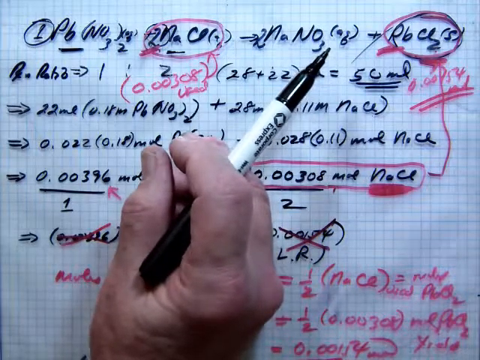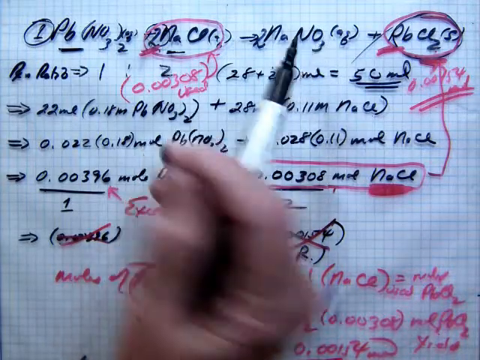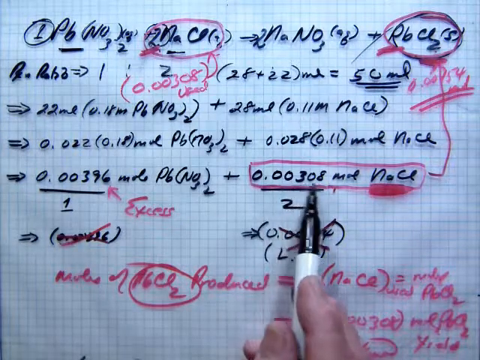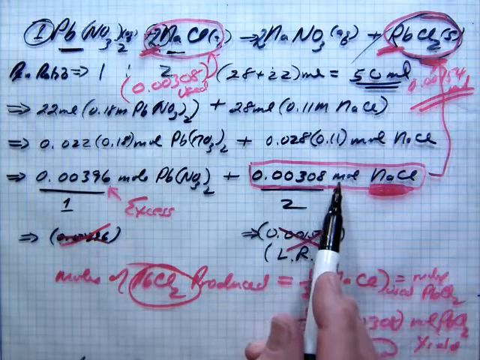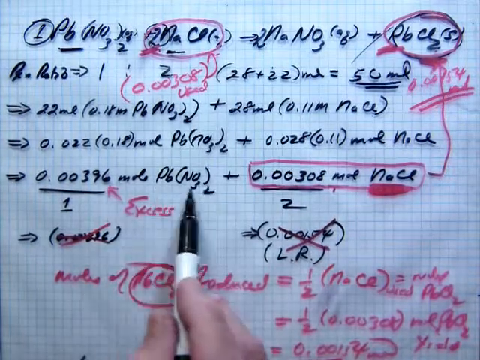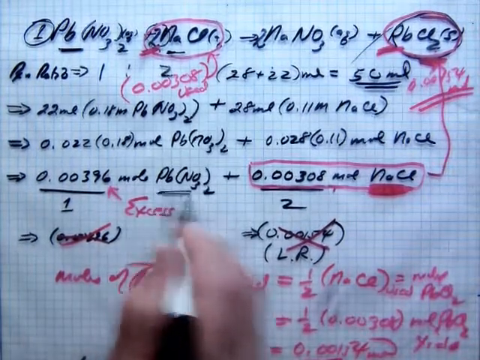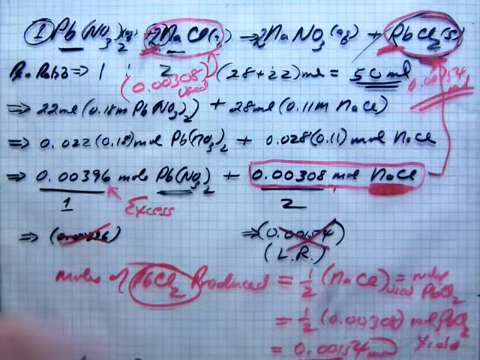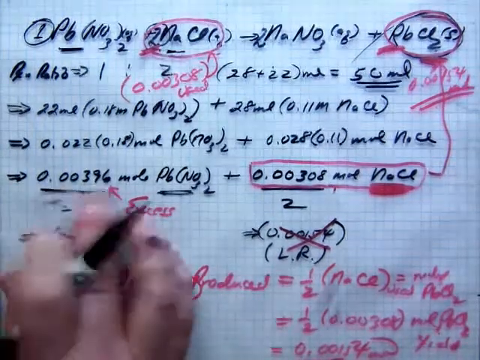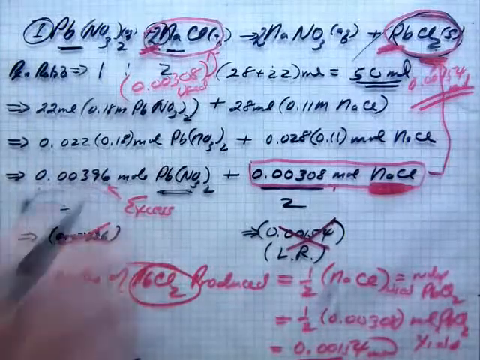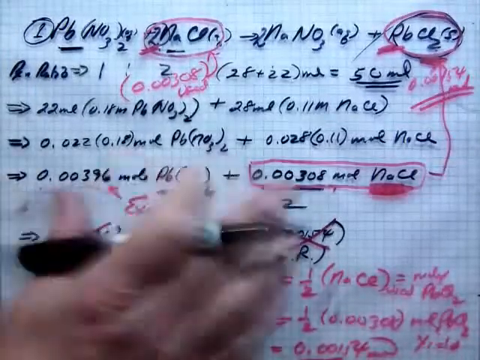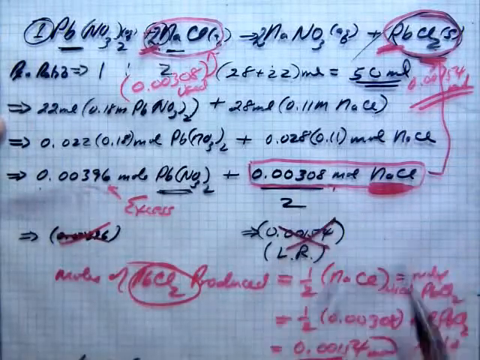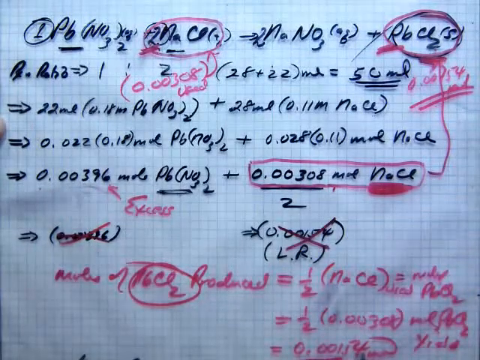Yeah, half as much. If I used 0.00308 moles of sodium chloride, how much of the lead nitrate was used? Half. That's right. So in this, if I want to know what the excess is, I'll divide that by 2. That's 0.00154.